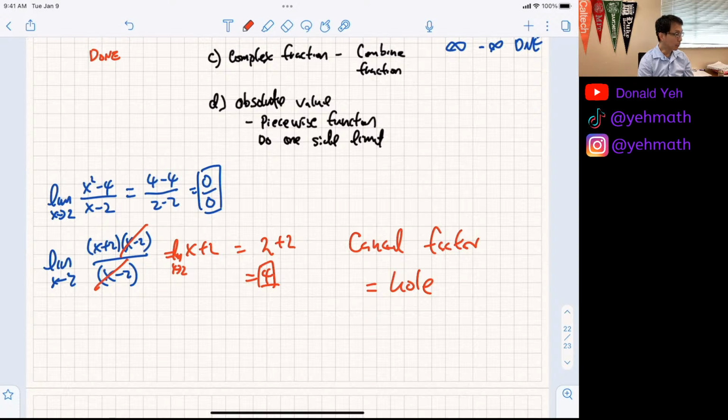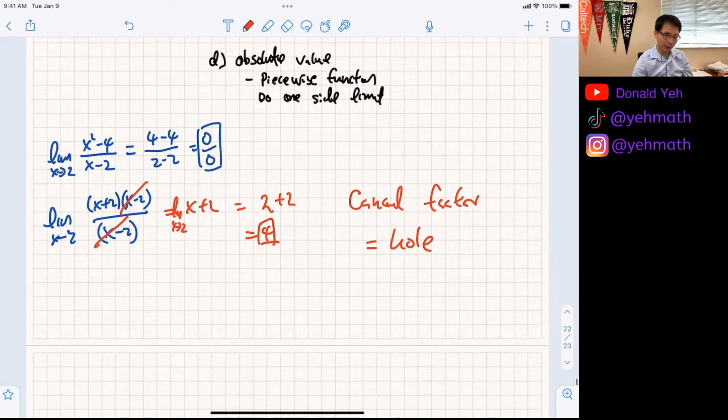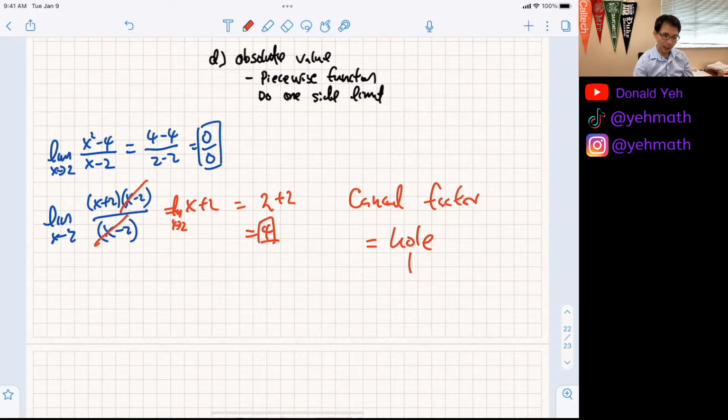In calculus, we don't call it a hole. We have another name. In calculus, we say that's a removable discontinuity.